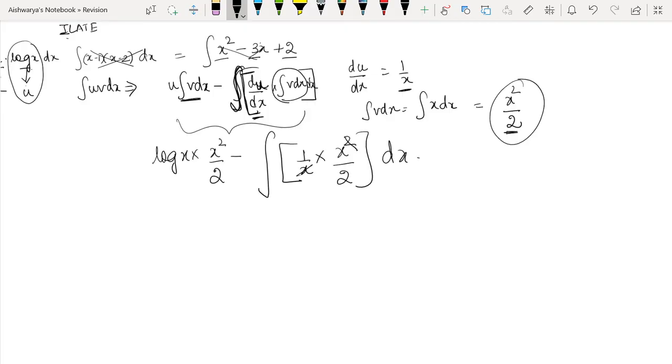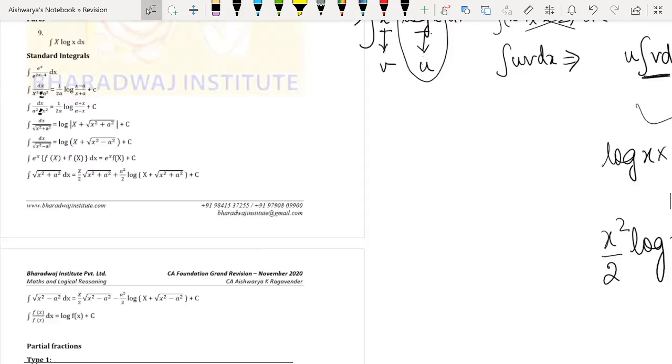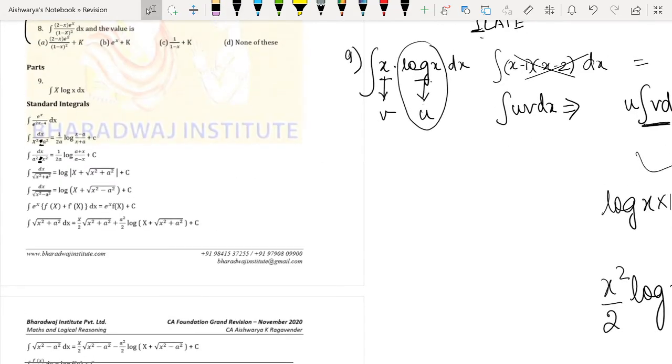This and this gets cancelled. So what you have is x square by 2 log x as it is, minus just integration of x. X integration is x square by 2. Already there is a by 2. 2 into 2 is 4 plus k. So this becomes your final result in integration by parts. Okay, are we clear with this?